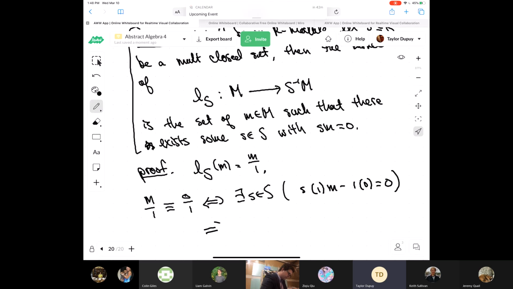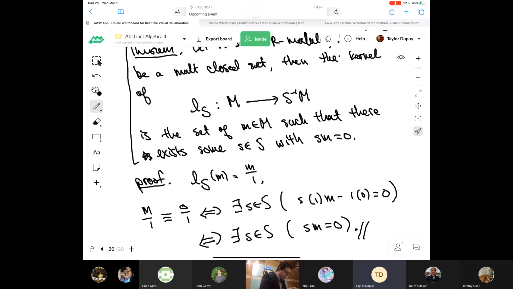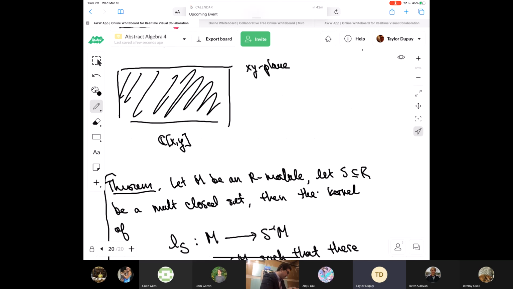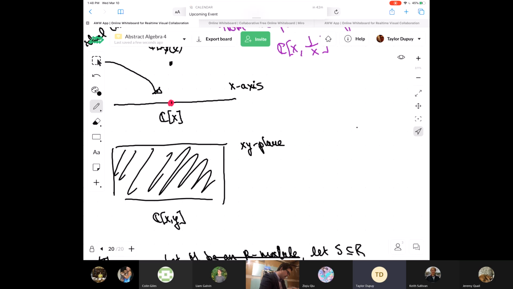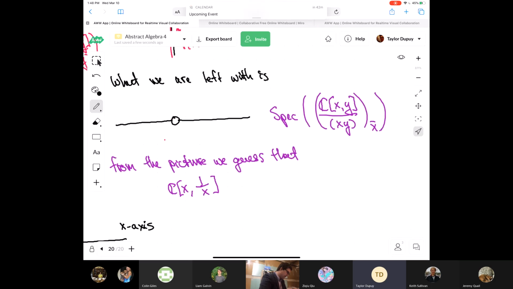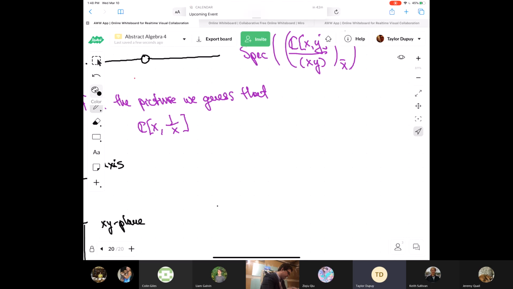And that's equivalent to there exists some s in S with sm equal to 0. So that's what tells us what the kernel is. This works for rings and for modules, because ring maps are also module maps. So let's go back to this example here.